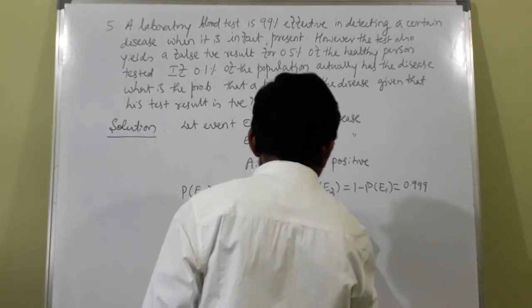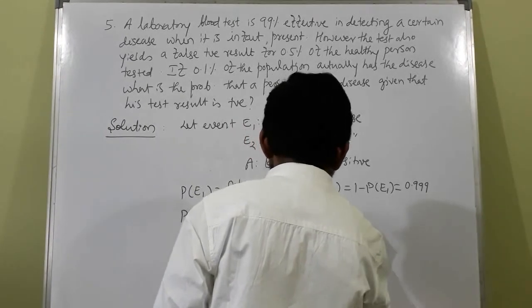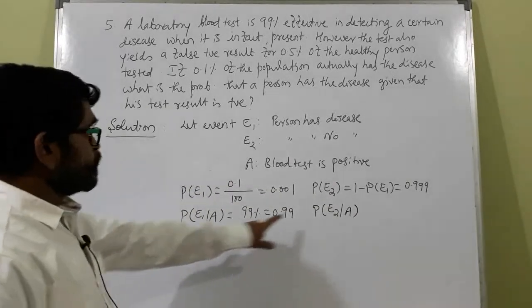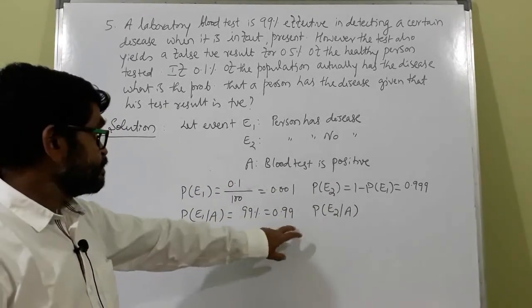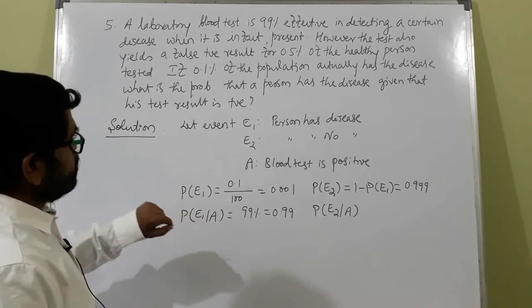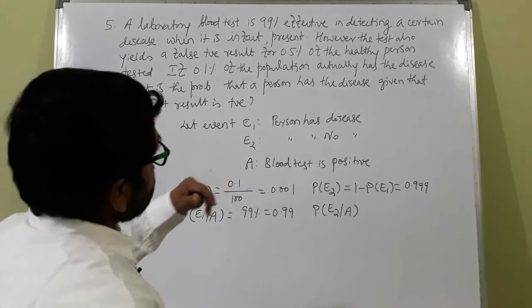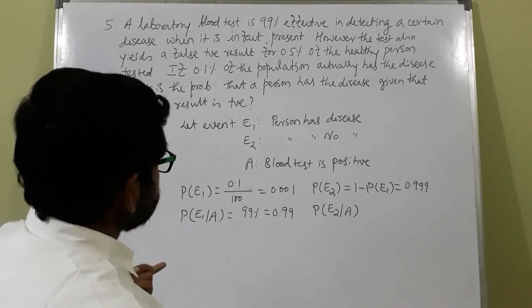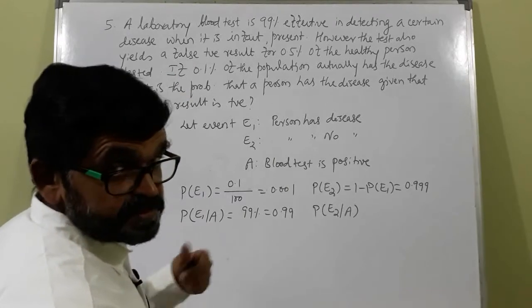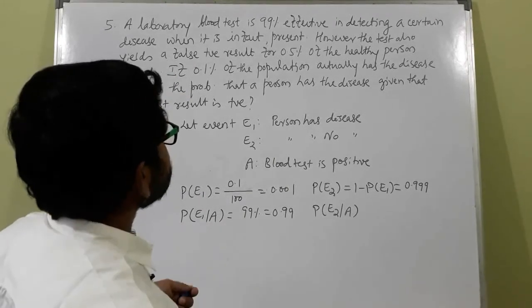Probability of E2 given A. These two are not complementary, remember. Probability of E2 given A means the person has no disease even though the test report is positive, just like in our corona cases.